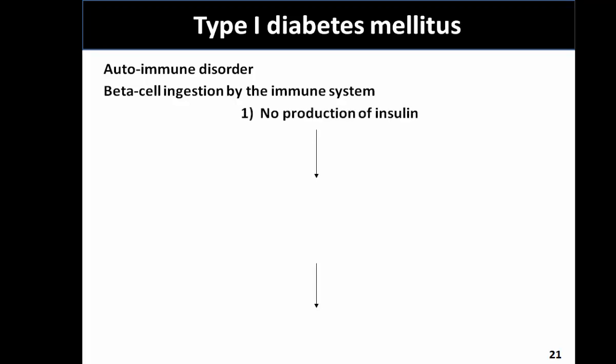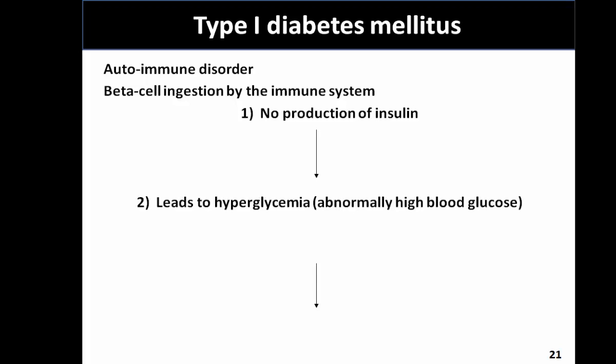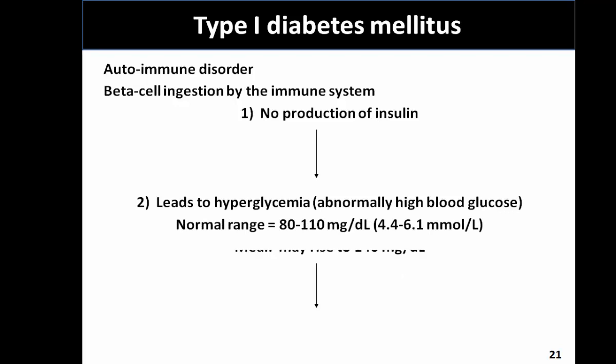If these beta cells are destroyed, the person does not have the ability to produce the protein insulin, which functions as a hormone, and that leads to hyperglycemia. Recall, insulin is the hormone that triggers the removal of glucose from the cardiovascular system and promotes movement into liver cells and skeletal muscle cells.